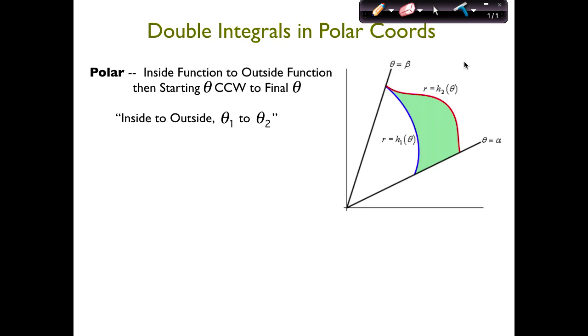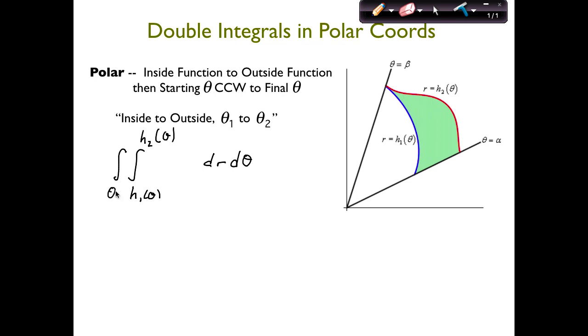So if we were to write a general form of a polar double integral, what would it look like? What would be my first limits of integration here? Right, if it's inside to outside, that's r first. It's going to be h1 of theta to h2 of theta, that's dr, and then d theta.